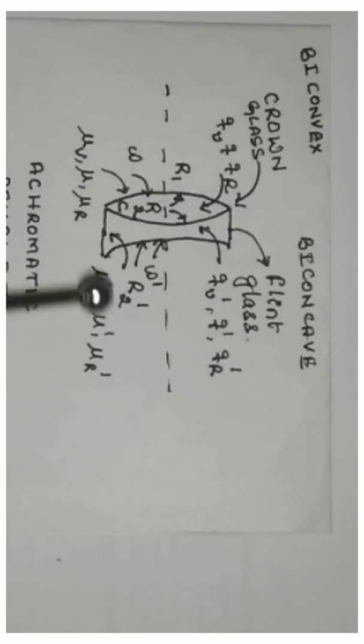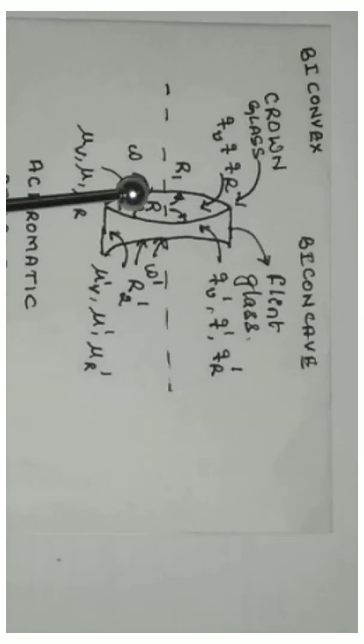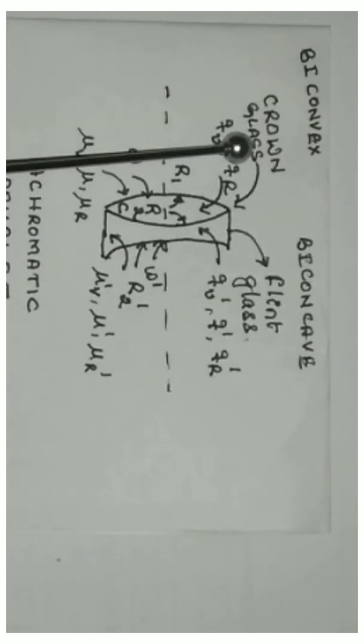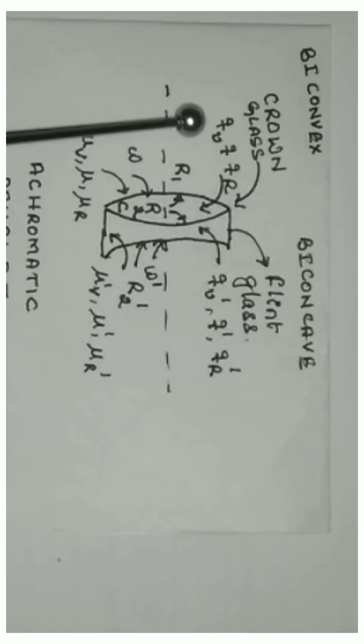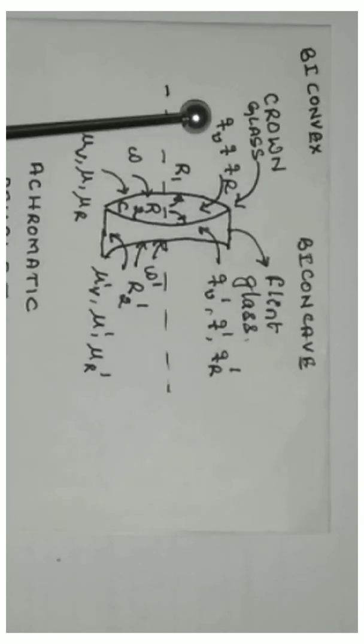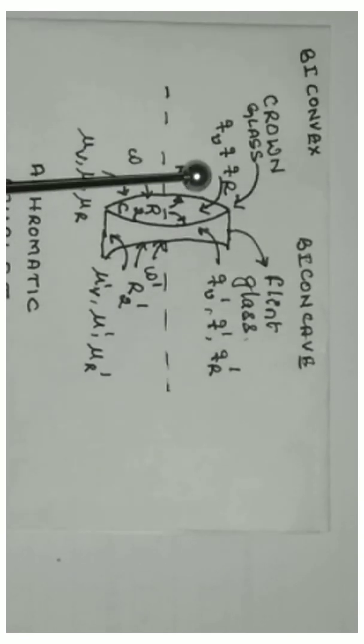Now let us consider here the achromatic combination. In this achromatic combination, the biconvex lens is made of crown glass. This is the convex lens. For this convex lens, the focal lengths are Fv, F and Fr: the focal length of the violet, the focal length of the convex lens and the focal length of the red color.